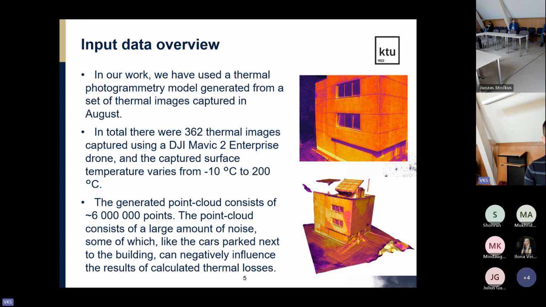And using these images, we created a thermal photogrammetry model and then converted it into a point cloud. And this point cloud contains around 6 million points. And also what we can see is that in the point cloud, there is a lot of noise, like the ground layer and also vehicles on the right-hand side.